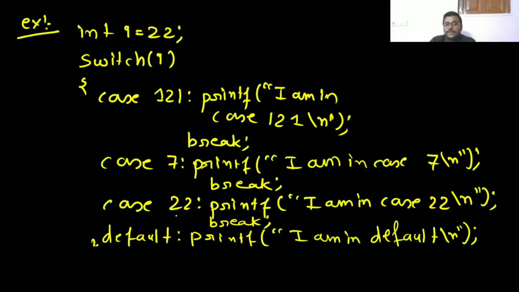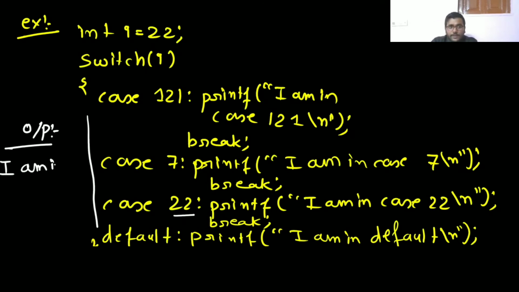So it will execute this and give "I am in case 22". I have told you that in any order you can write the cases. The output will be "I am in case 22".